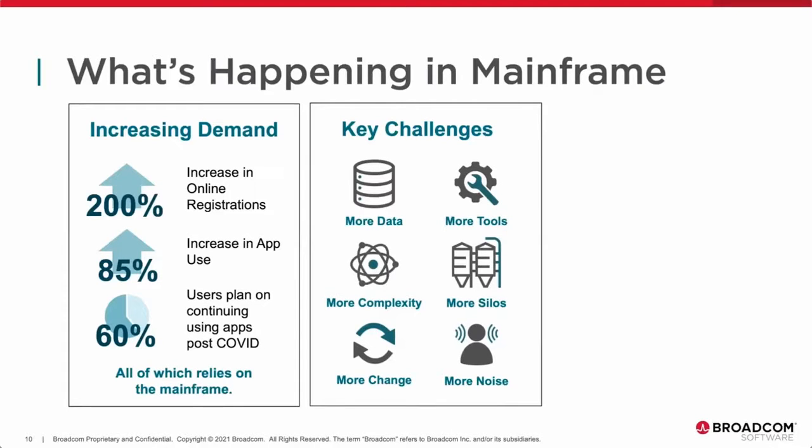And that actually is leading to the next step, which is more change, right? As these companies adopt web applications or mobile apps, those are changing the back-end environments even more rapidly. So they're deploying more DB2 instances, they're deploying more DASDs, and in essence, it's adding a lot more churn in a mainframe environment than we've experienced in times past.